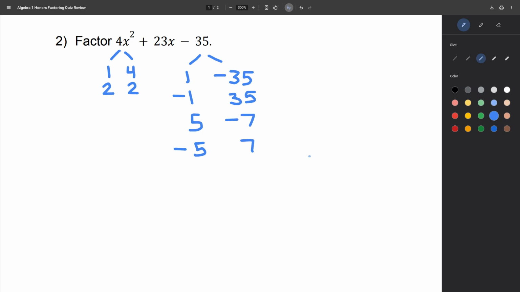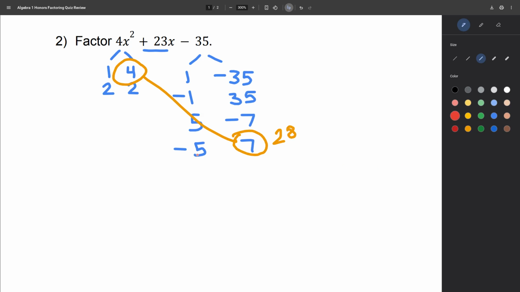Okay, so I want the sum of my products of the pairs to be positive 23. So if I take 4 here and multiply it by the 7 here, that gives me 28, right?